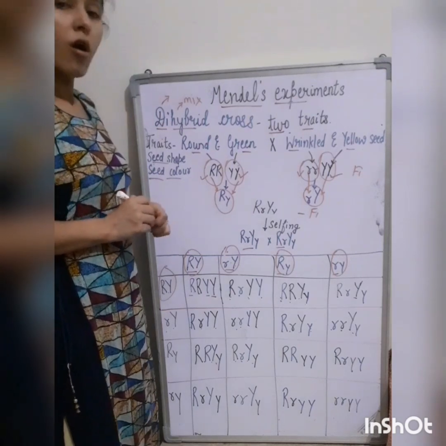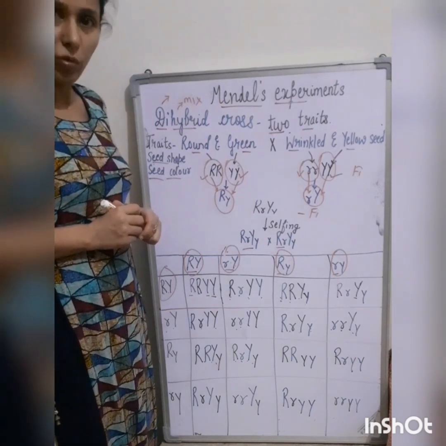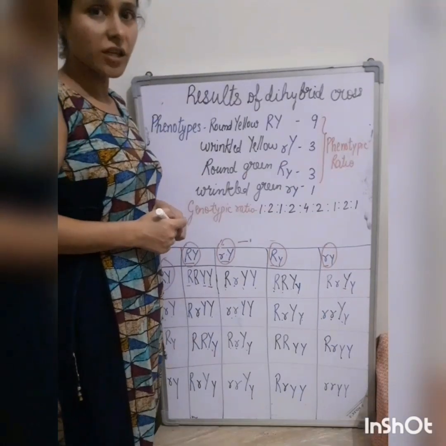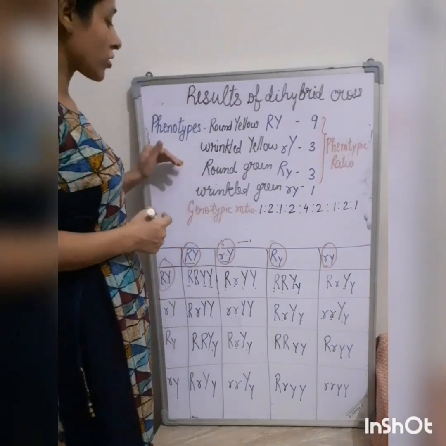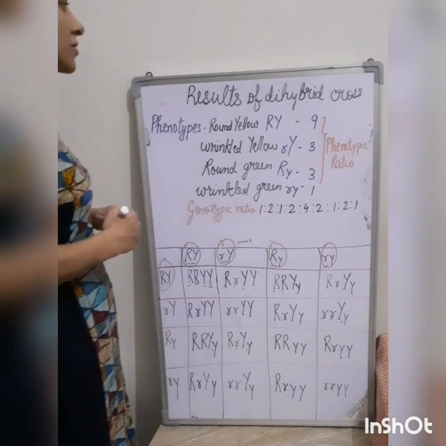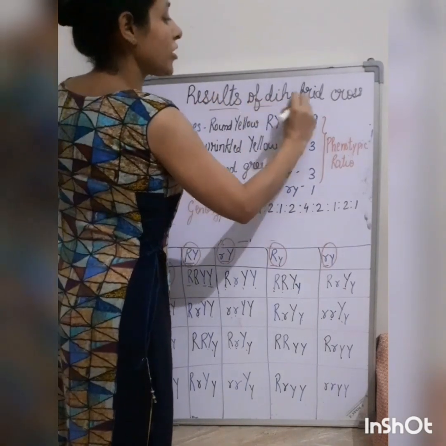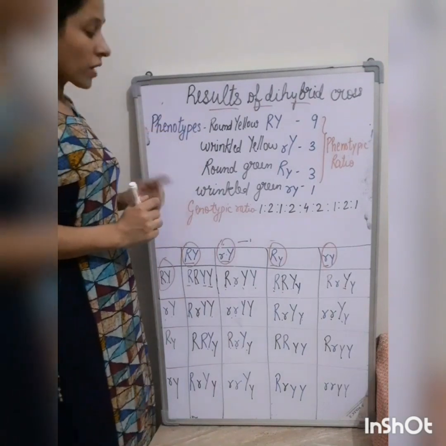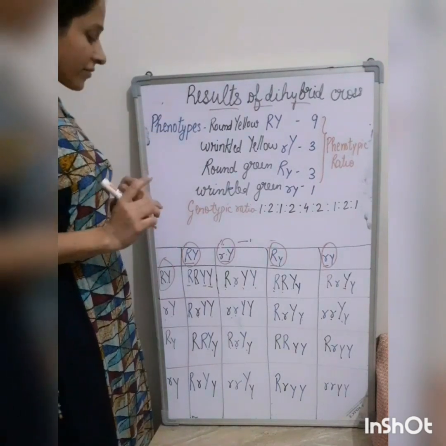Let us see now what are the results in the phenotypic ratio and genotypic ratio, how the results were obtained for a dihybrid cross. For the phenotypic ratio, there are 4 possibilities that we discussed.